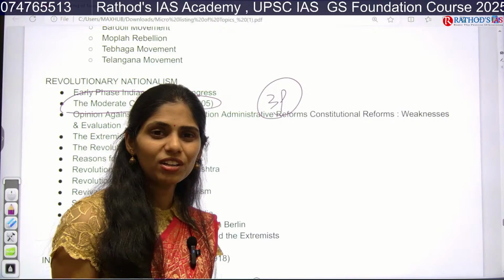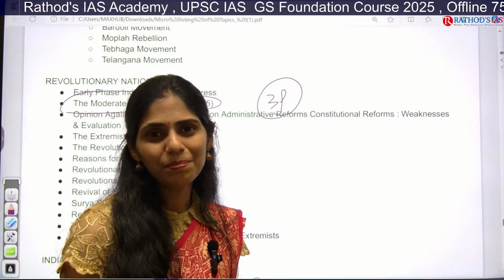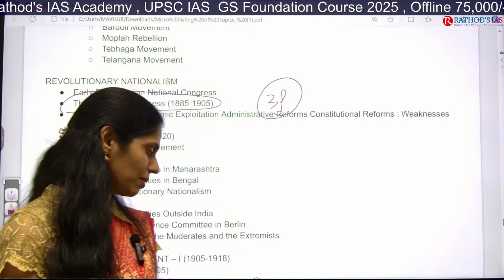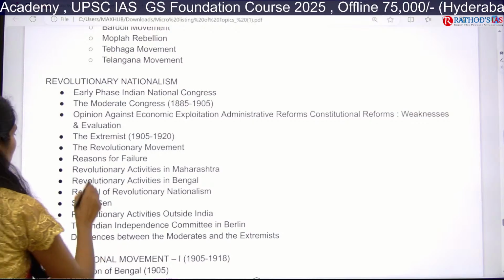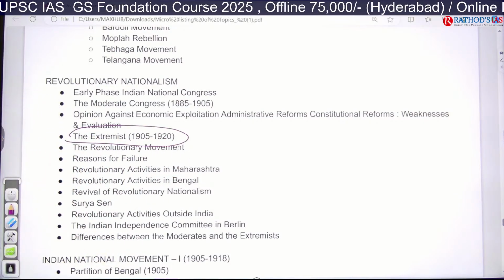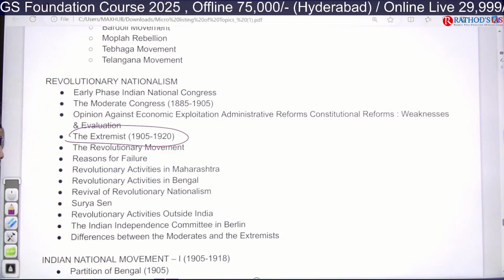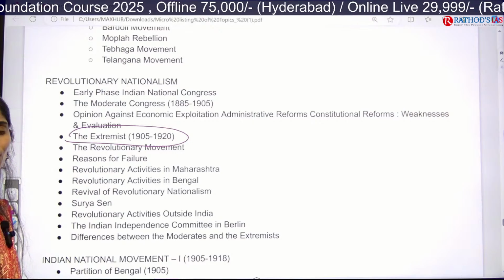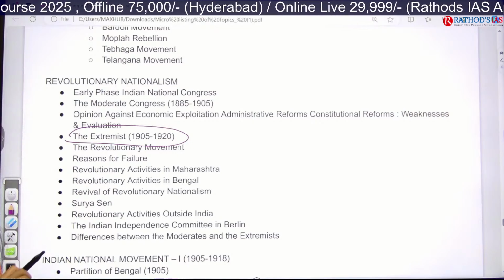Some important famous personalities of extremists are Lal, Bal, Pal. So these 3 members you can remember. And here you have to see the extremist period from 1905 to 1920, and which revolutionary movements happened at that time. Revolutionary activities were very much active in Bengal and Maharashtra.